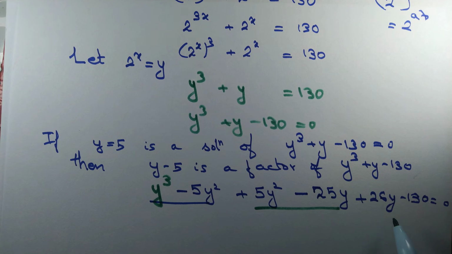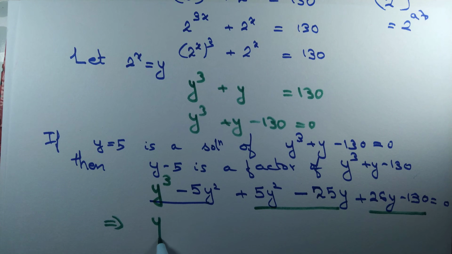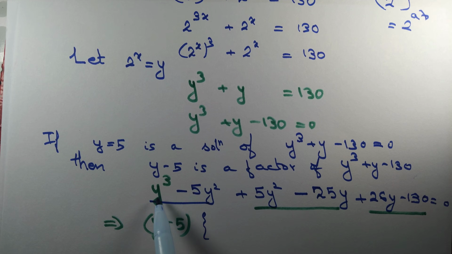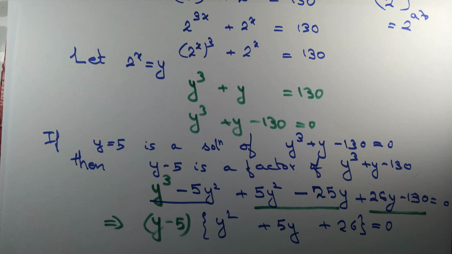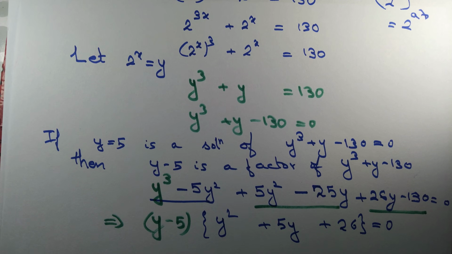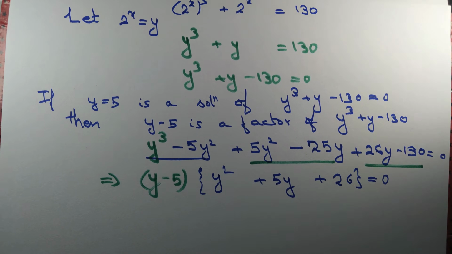You can see lastly that y minus 5 is a factor here as well. So we take y minus 5 common. When I take y minus 5 common, I'm left with y square, 5y and 26. Now you know that if the product of two numbers is 0, then one of them has to be 0.